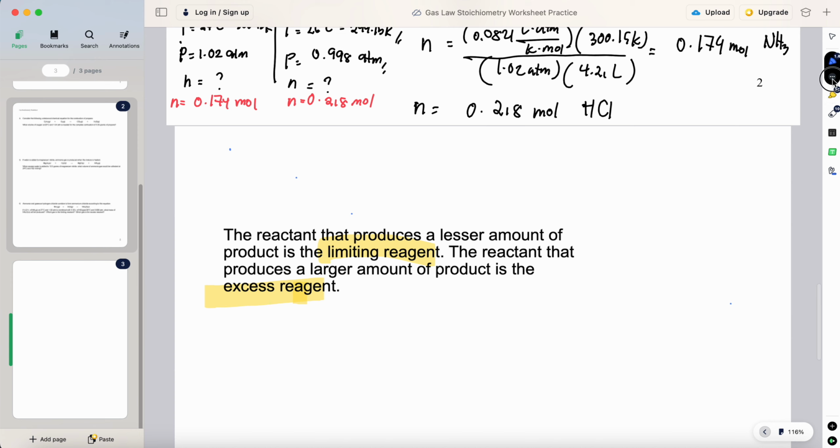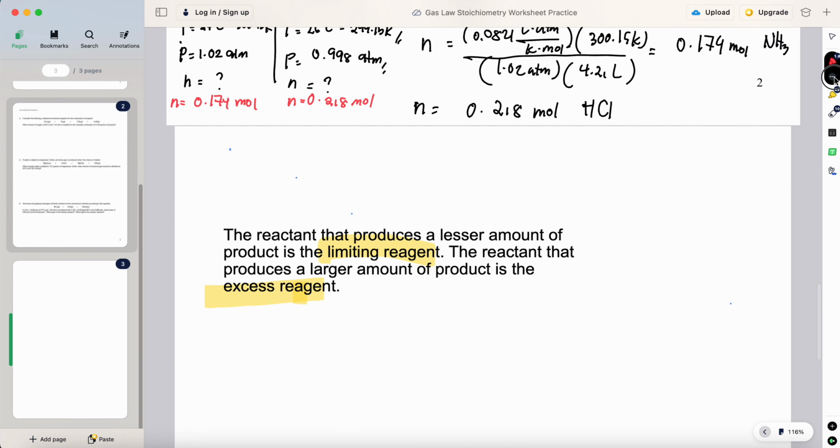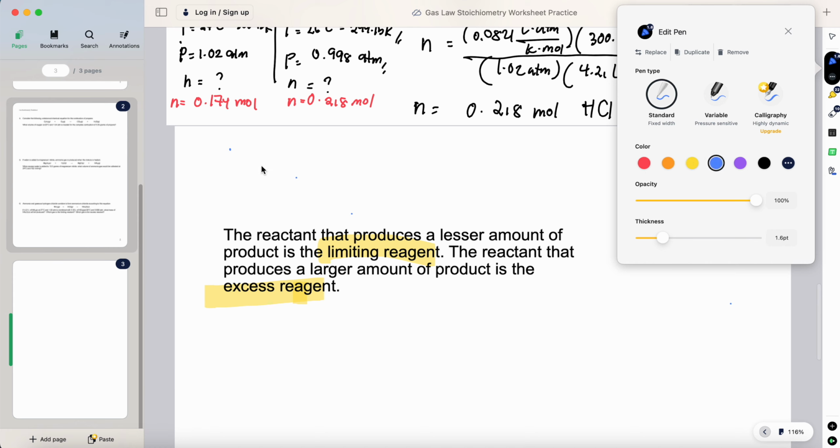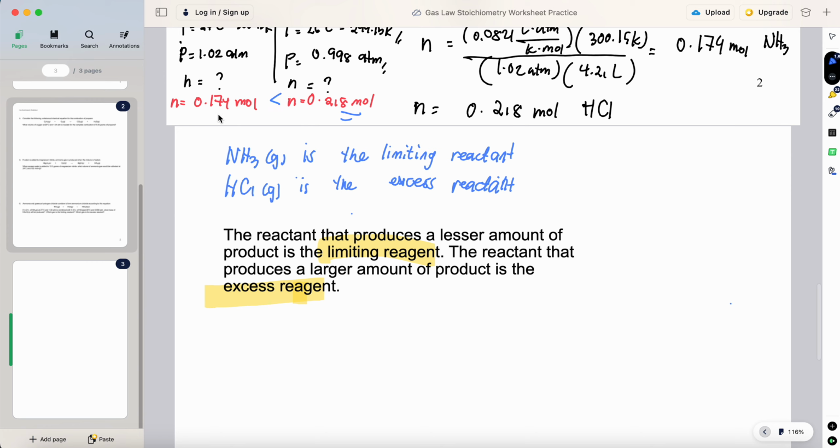So, therefore, looking at their mole, we should know by now that NH3 gas is the limiting reactant, and HCl is the excess, since the mole of HCl is greater than the mole of the ammonia gas.